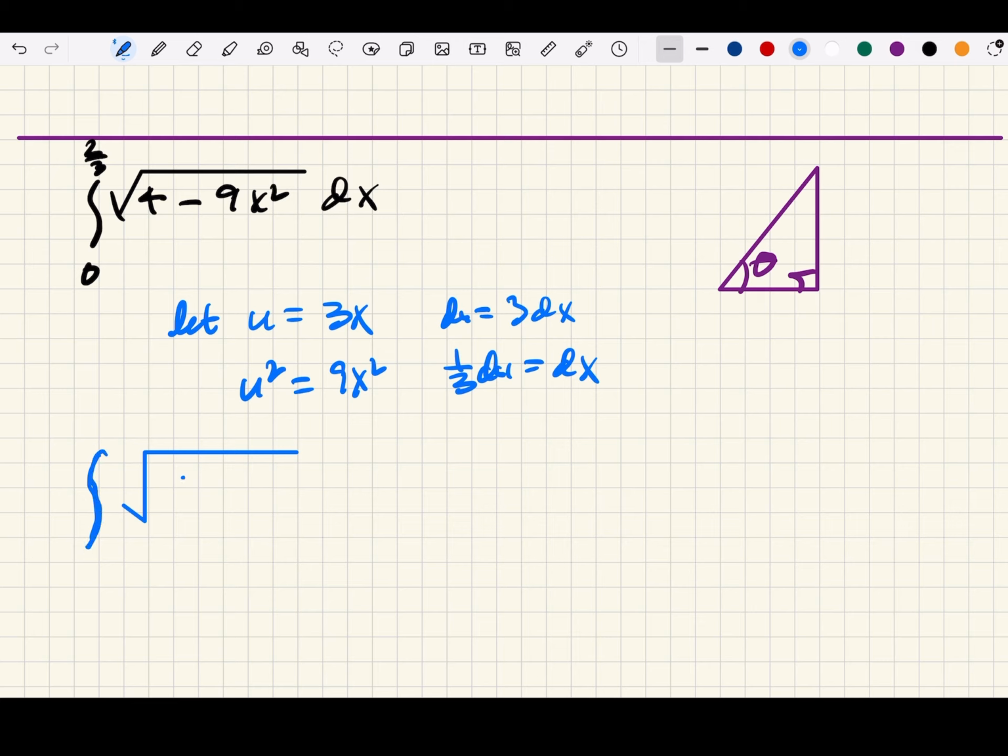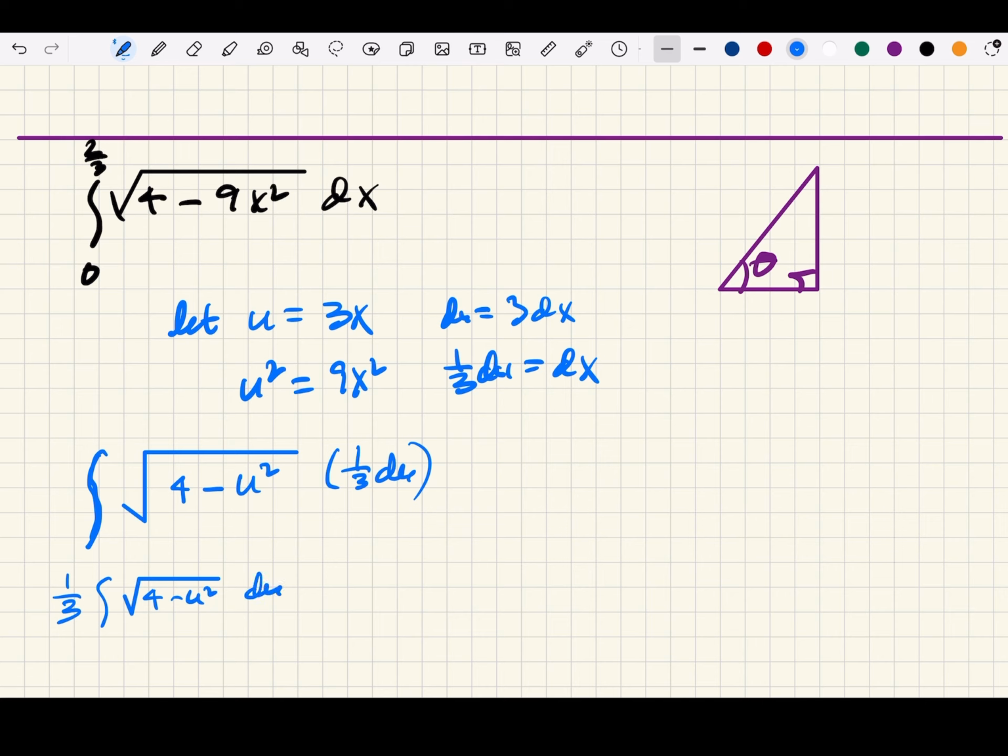So I'd have the square root of 4 minus u square, and then I'd have 1/3 du. So really this thing becomes 1/3 integral square root 4 minus u square du.